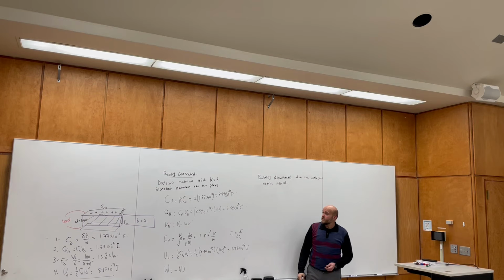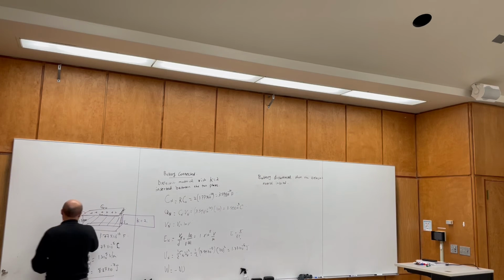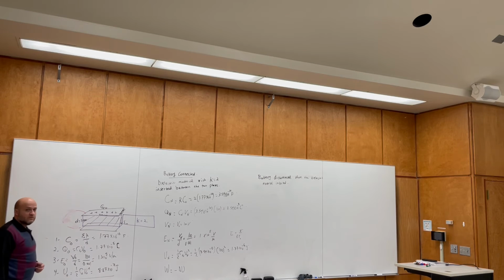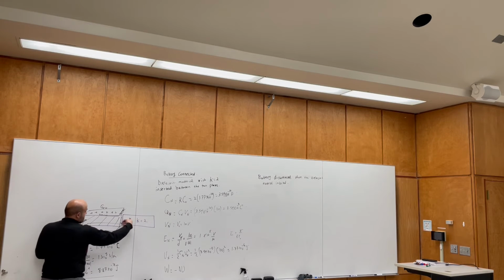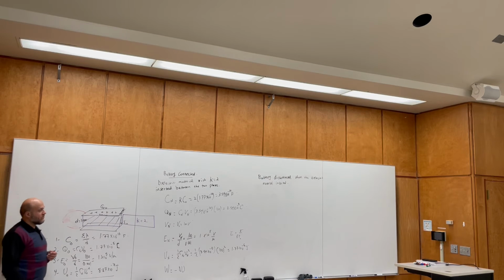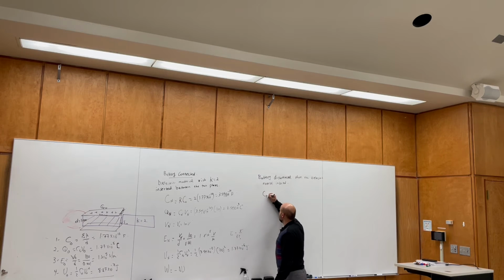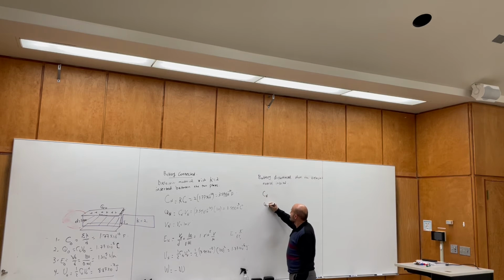So for this part now, we first disconnect the battery, and then we slide this into the two plates. And we need to find, same thing, the values of the C nu, Q nu, V nu, E nu, and U nu.